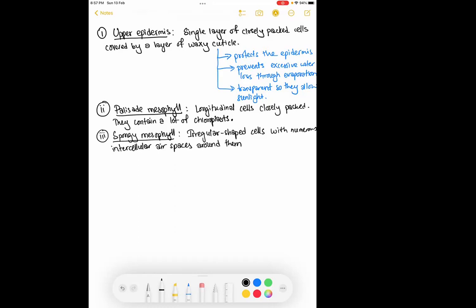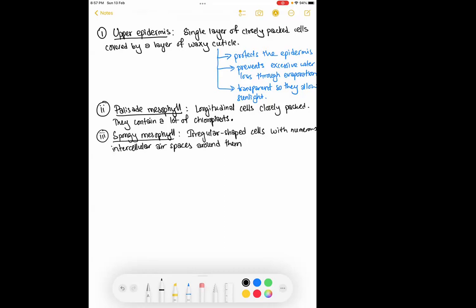Why are the air spaces necessary? First of all, for faster diffusion of carbon dioxide, which enters the leaf through the stomata, to all the photosynthetic cells. Spongy mesophyll also contains a lot of chloroplasts, but not as many as palisade mesophyll.